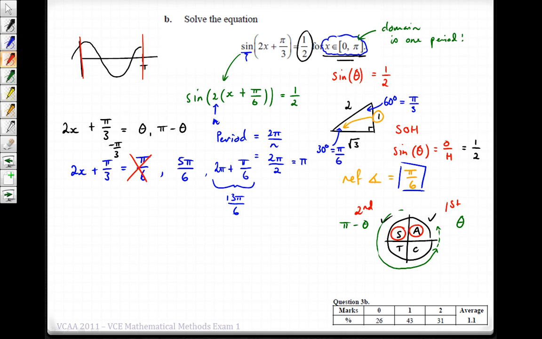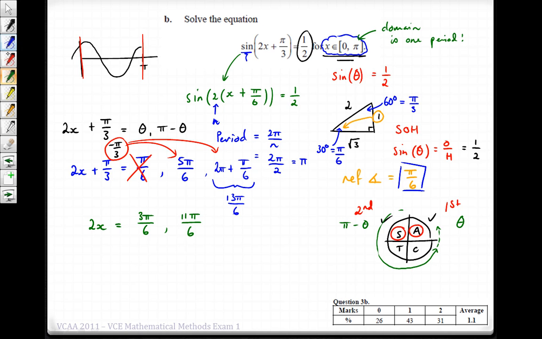So again, once we've subtracted away pi on 3 from this value and this value, hopefully they'll come back inside our domain. So we get that 2x equals, alright, so pi on 3 in terms of on 6 is the same as 2 on 6. So 5 pi on 6 minus 2 pi on 6 is going to give us 3 pi on 6. And then 13 pi on 6 minus 2 pi on 6 is going to be 11 pi on 6.